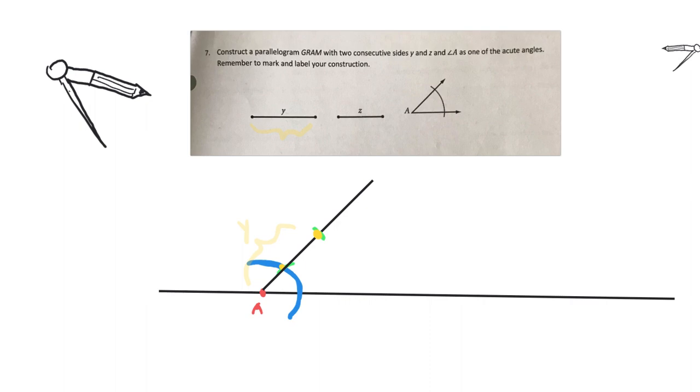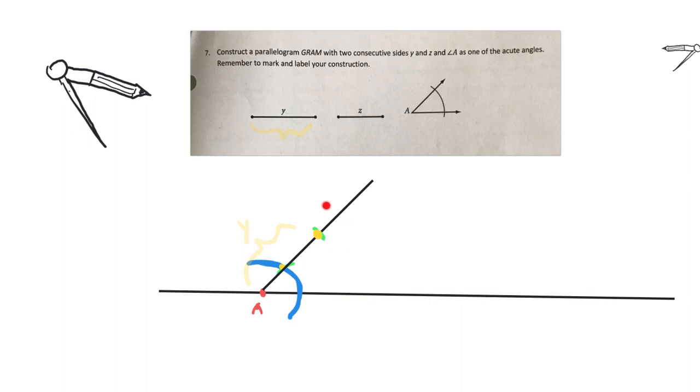Okay. So at this point, we need to draw a parallel line that goes across the top. I'm going to suggest a similar method that we used in the first problem that we did. We could take advantage of the fact that we already have this arc here, and we're going to draw a similar arc that goes up like that.